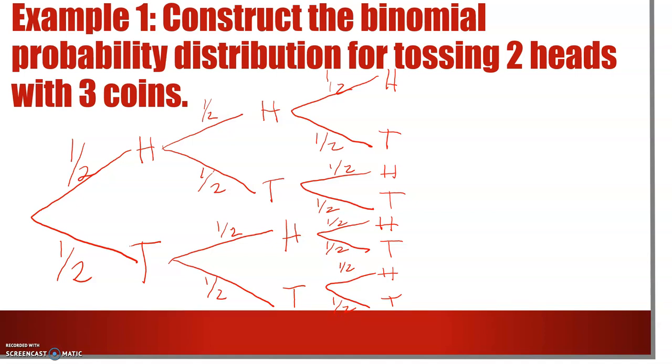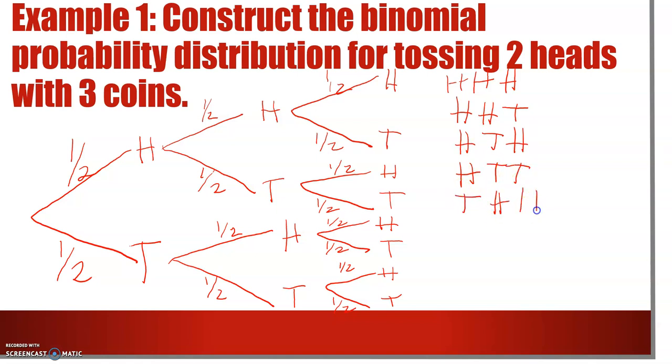Our possible outcomes, we can read straight across our tree diagram: heads, heads, heads; heads, heads, tails; heads, tails, heads; heads, tails, tails; tails, heads, heads; tails, heads, tails; tails, tails, heads; and tails, tails, tails.